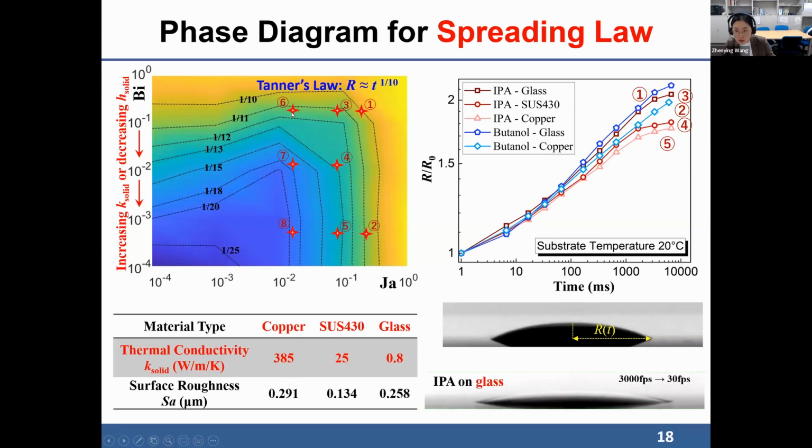For 6, 7, 8, we also observe that as the thermal conductivity of the substrate increases, the spreading rate decreases.